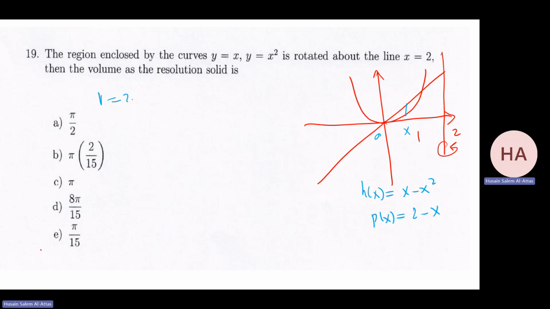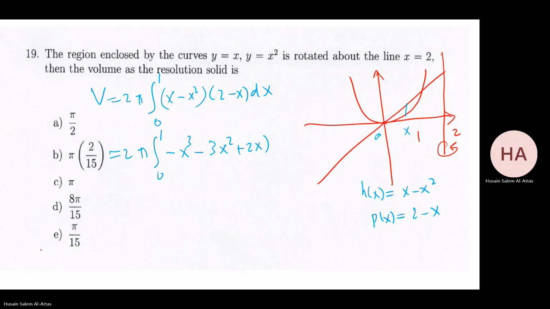So the volume will be 2π integral from 0 to 1 of x minus x squared times 2 minus x. I don't know, maybe I did it before. It's okay, we'll do the calculation. 2π integral from 0 to 1 of minus x cubed plus... it's plus x cubed, sorry.